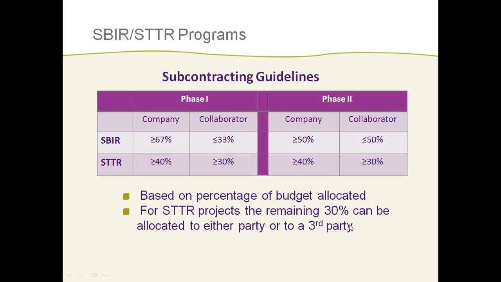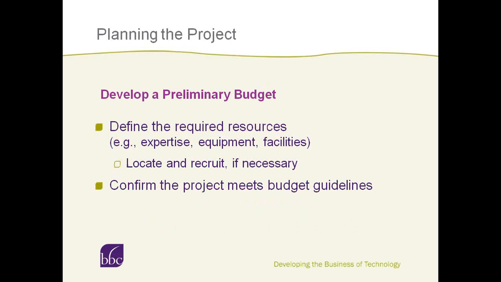I'm not going to get into the details here, but in terms of the preliminary budget, you're going to define the resources that are required to complete the tasks. That resource might be expertise, it might be equipment, it might be facilities, it might be samples, right? A source of samples for us to test with our new method.